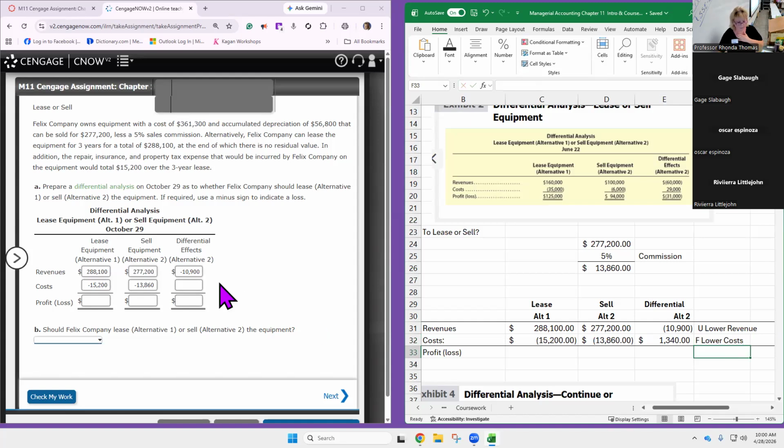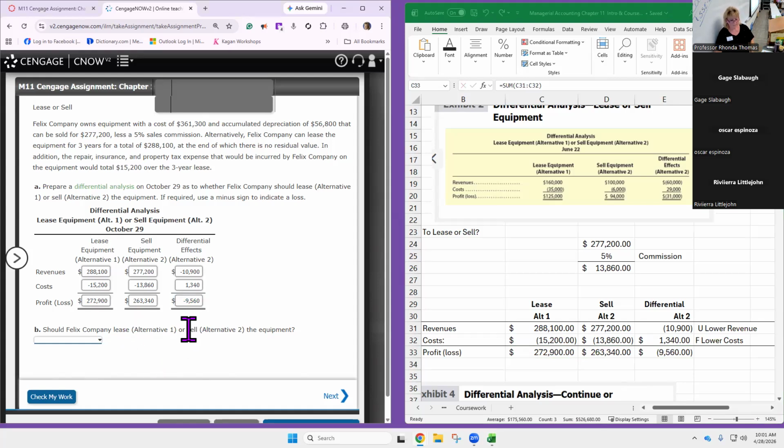Okay, now we're going to calculate. We're going to put this in. So this is a positive number. Now we're just going to add down, and we just go across here. Now that we know what our numbers are based on the two alternatives, if you take a minus 10,900 and add 1,340, you get a negative 9,560.